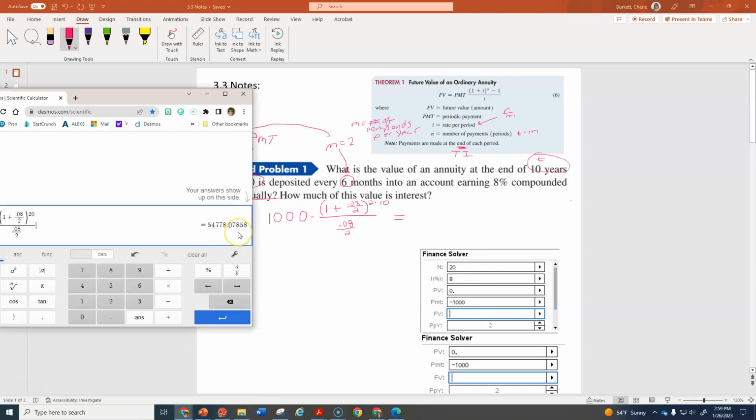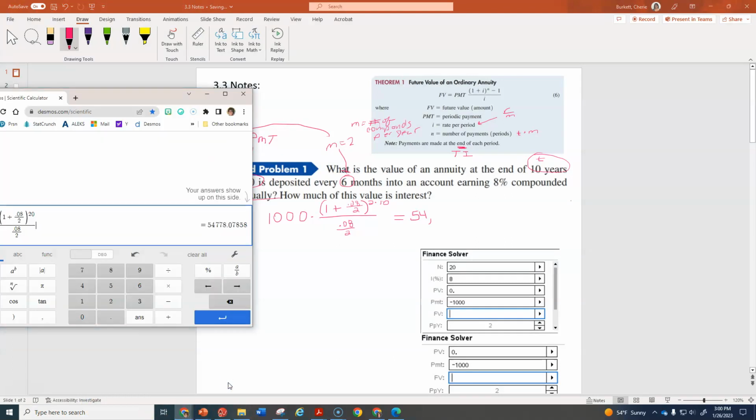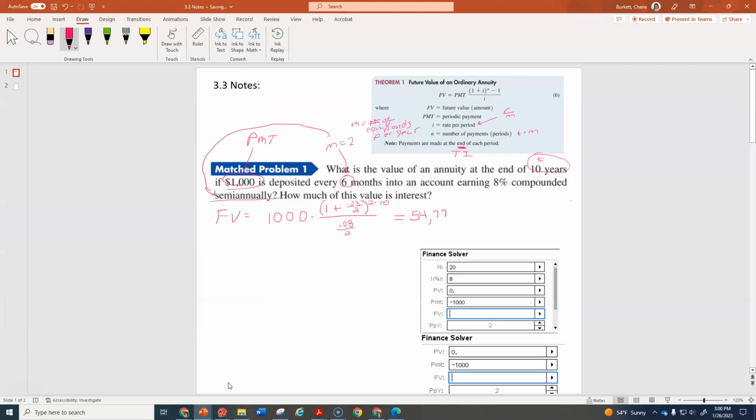The value at the end of 10 years is $54,778.08. Okay, yes, you can do this on the calculator.